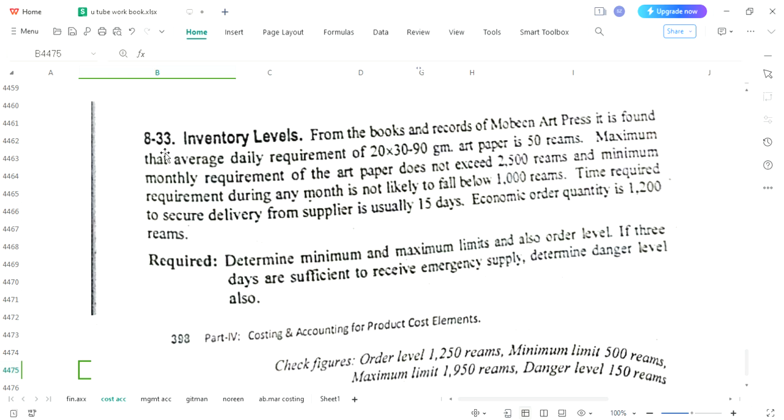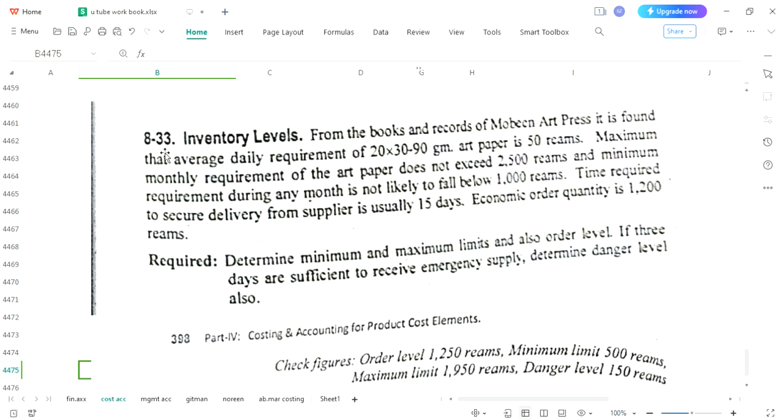The chapter we are related with is the material inventory system, and specifically we will be calculating different requirements regarding material only. Though cost accounting and management accounting is collectively the study of material, labor and FOH in any manufacturing concern, right now we are associated with material only.